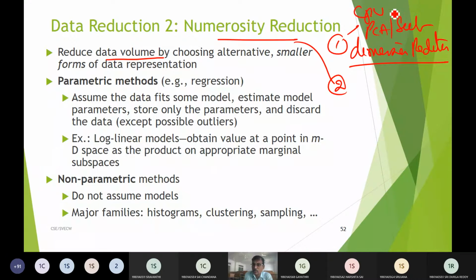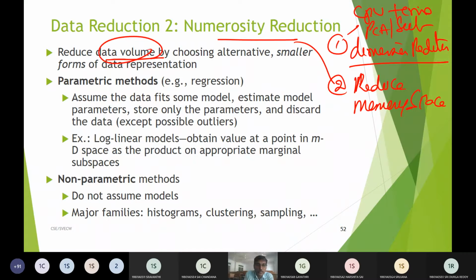The earlier technique works on CPU time, whereas numerosity reduction is going to reduce memory space. So this is the first way to differentiate it from the previous technique, principal component analysis, etc. In the earlier technique, CPU time is going to be reduced. Now at this point of time, memory space is going to be reduced. So this is the first difference we need to note.